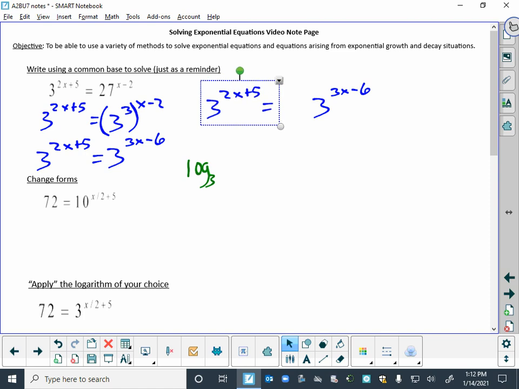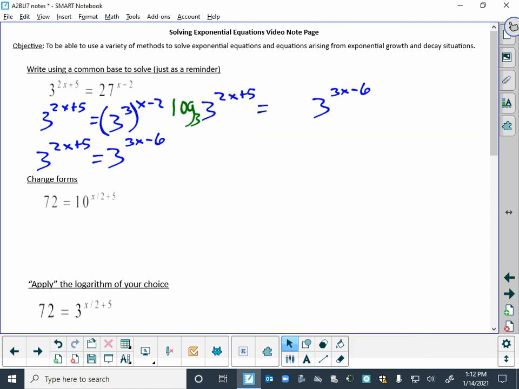So we're going to take a log base 3 of 3 to the power there, and we're going to take a log base 3 of 3 to the power there, because the inverse nature of those operations is a log base 3 cancels out what a 3 to the power does.